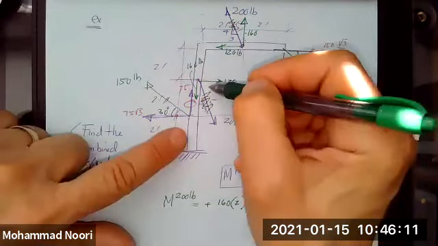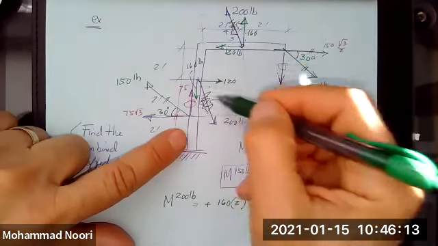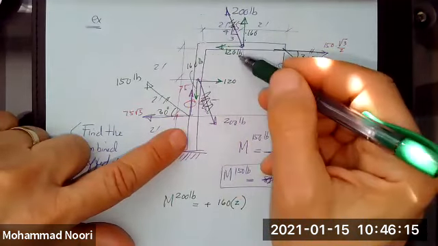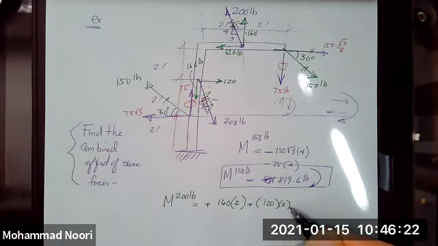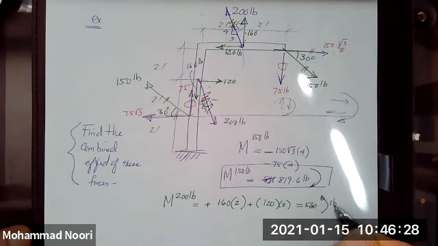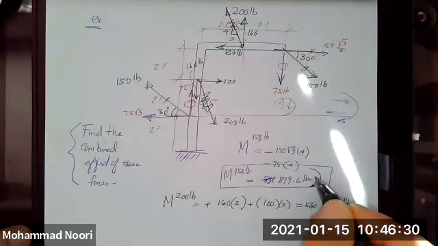How about these two? Also generate a moment that is counterclockwise, and the magnitude would be 120 times 2, and that adds up to 560 pound foot this way.